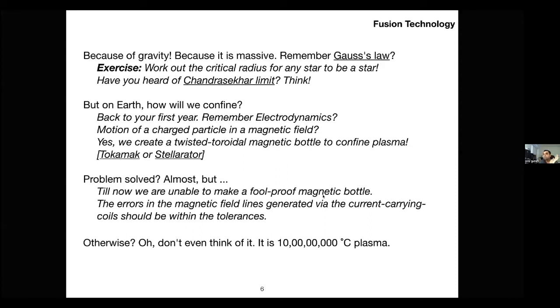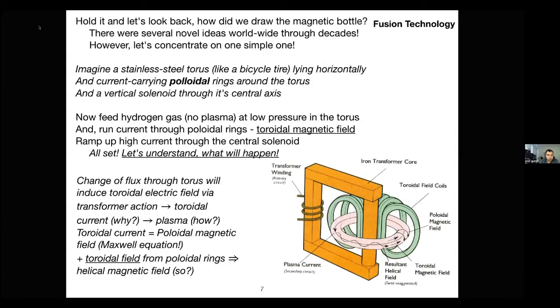So there's a huge temperature gradient, and we have to make a foolproof magnetic bottle so that the plasma does not spill out from the magnetic bottle and touch the metals that surround it. I will talk more about that. That's the main part of our work. But before that, let's get back and try to understand how we actually confine plasma. I'm going to talk more about this confinement structure.